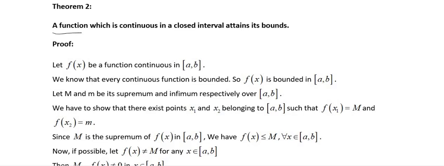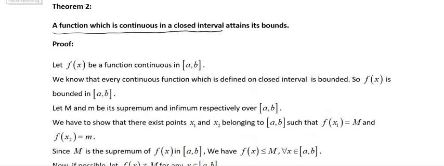Given that a function is continuous in a closed interval, so we can take f of x to be a function which is continuous in closed interval a comma b. But we know one theorem, that every continuous function which is defined in closed interval a comma b is bounded. So f of x is bounded in closed interval a comma b.